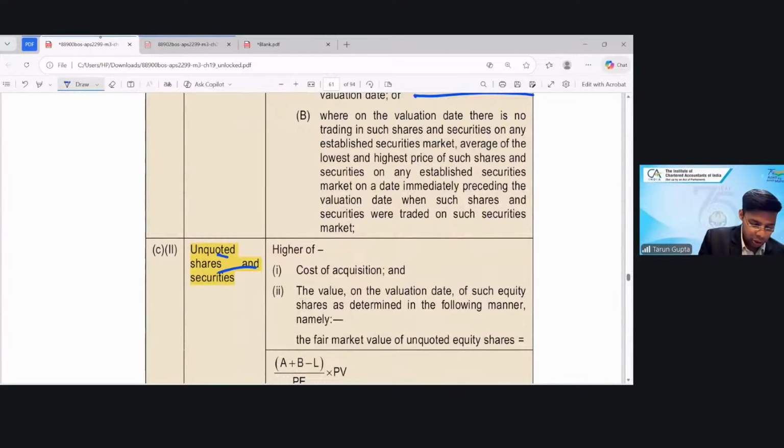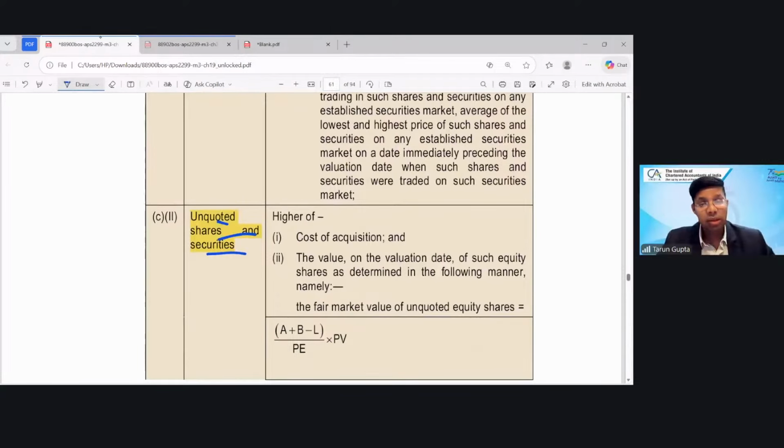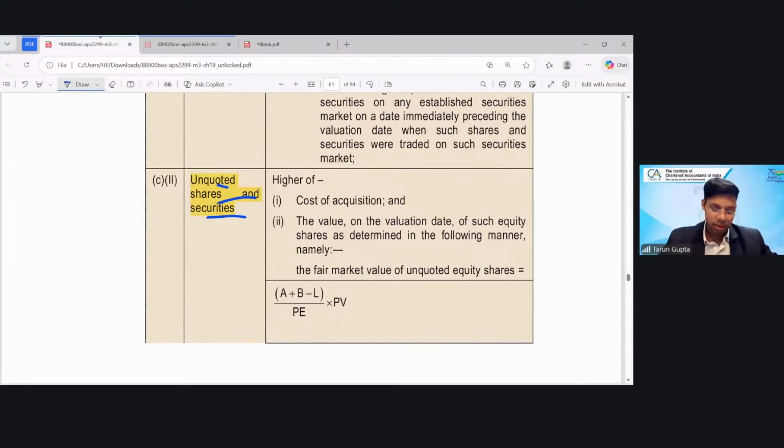unquoted shares and securities. How will you compute the value of unquoted shares? Very simple. A plus B minus L. A means the book value of all assets except immovable property, bullion, jewelry, and artwork.